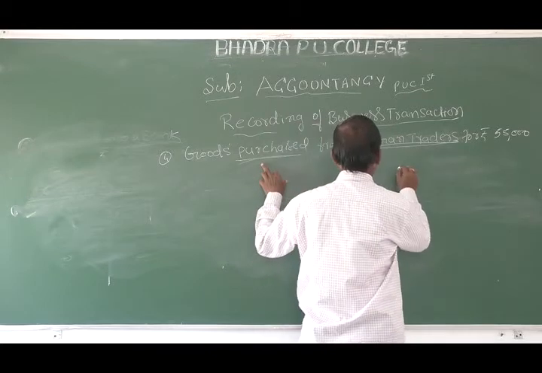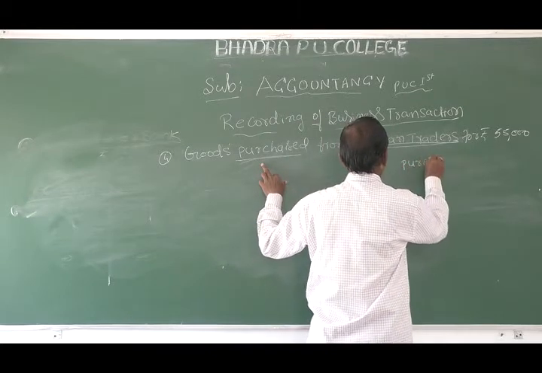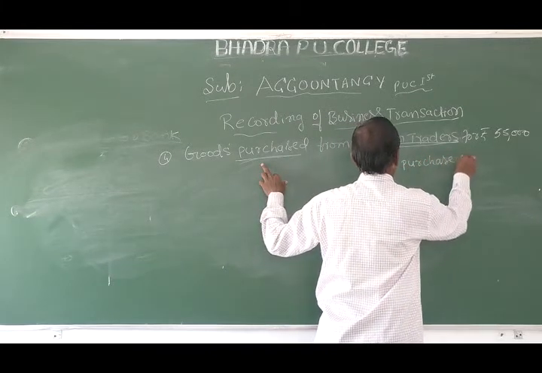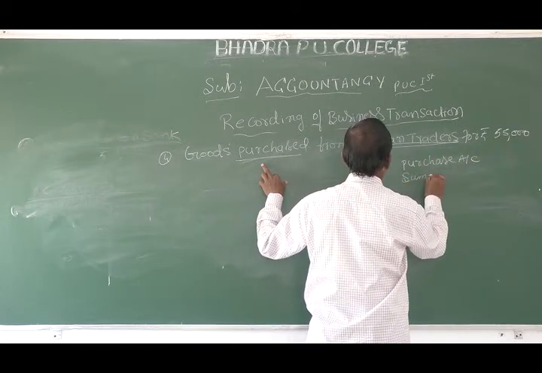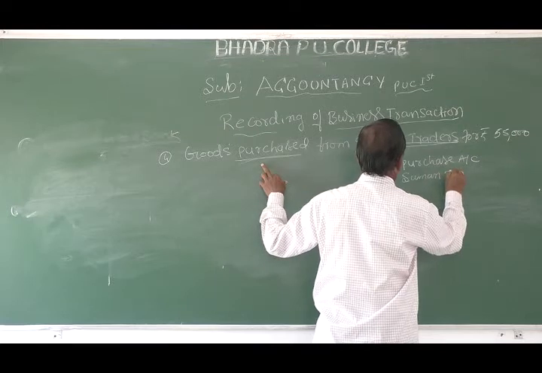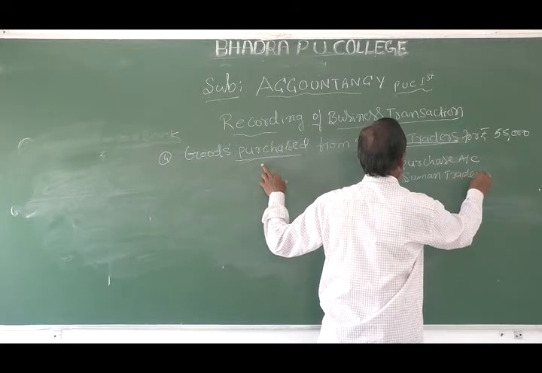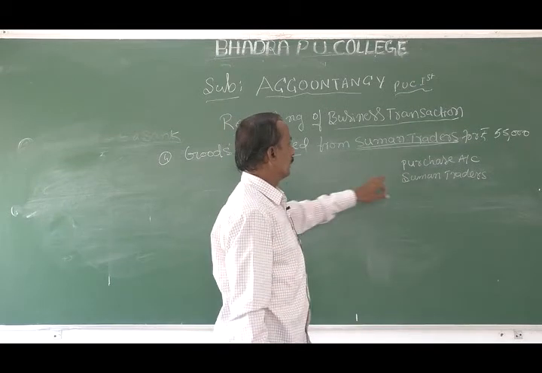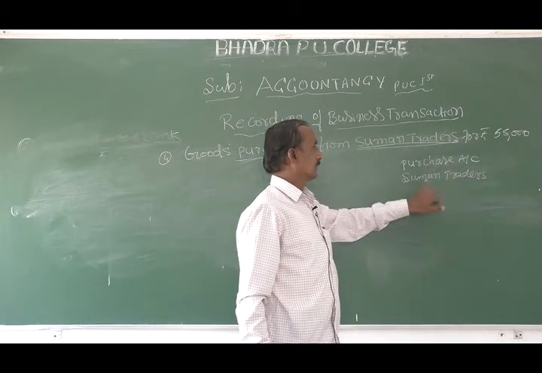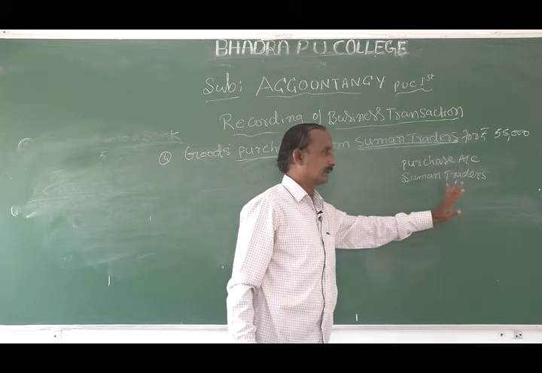There are two accounts. One is purchase account, another one is Suman Traders account. First we have to identify the accounts. Afterwards, which one is debit, which one is credit will be allocated. Purchase is the real account, Suman Traders account is a personal account.